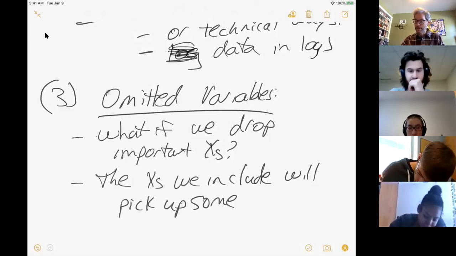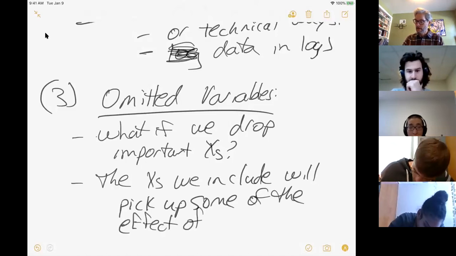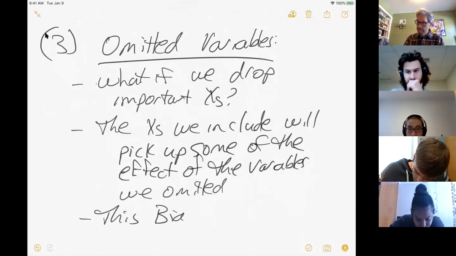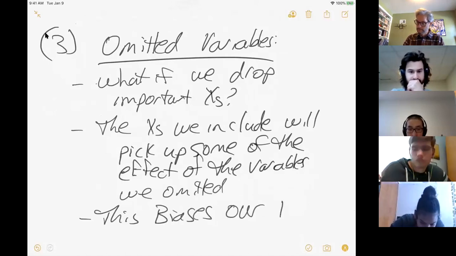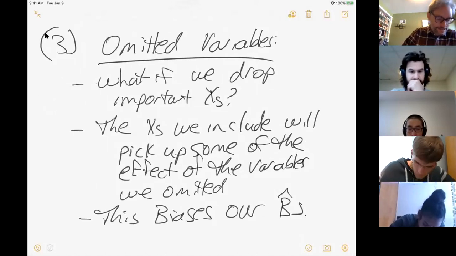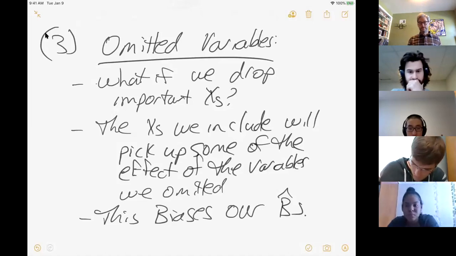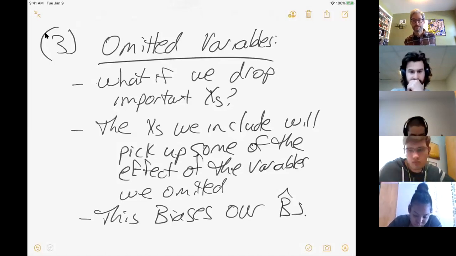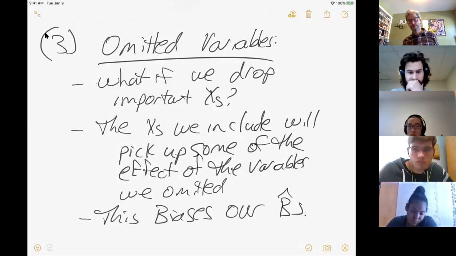The problem is that the x's we include will pick up some of the effect of the variables we omitted. This biases our beta hats. Because the variables that we do include in the model, we're not getting the right estimates, because they're also picking up some of the effects of the variables that we didn't include in our model.